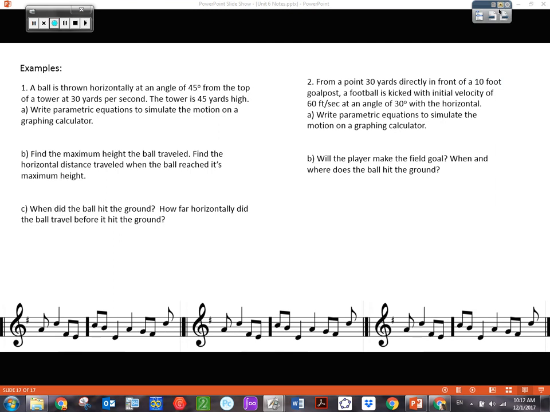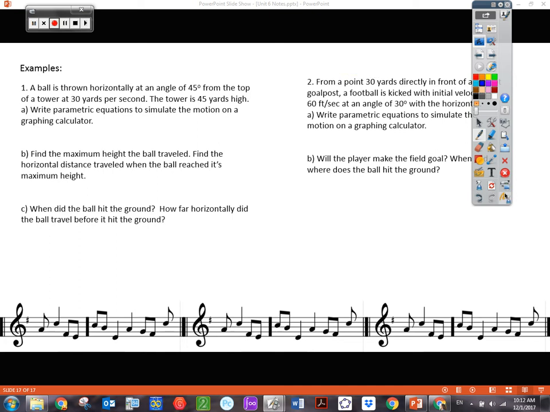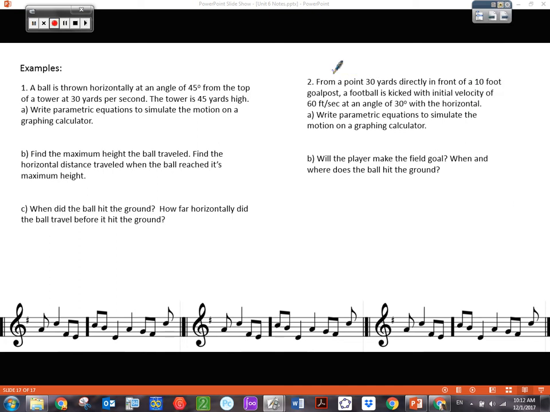So we have from a point 30 yards directly in front of a 10-foot goalpost, a football is kicked with initial velocity of 60 feet per second and an angle of 30 degrees with the horizontal. Okay, we want the angle to be with the horizontal, so that's fantastic. I'm going to draw a little picture. That's 10 feet.